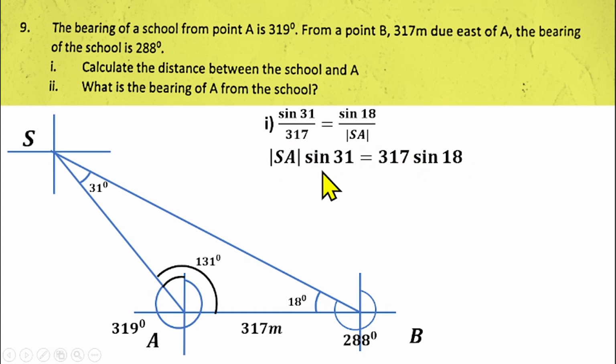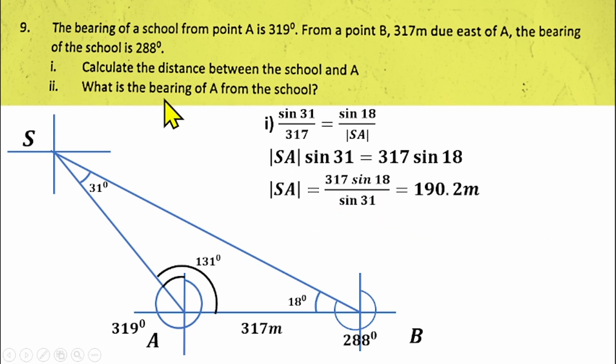So you can divide both sides by sine 31 to get side SA. So side SA will be equal to 317 sine 18 over sine 31. And that will give us 190.2 meters as the value of side SA. From here to here is 190.2 meters. Then that's for Roman figure 1.